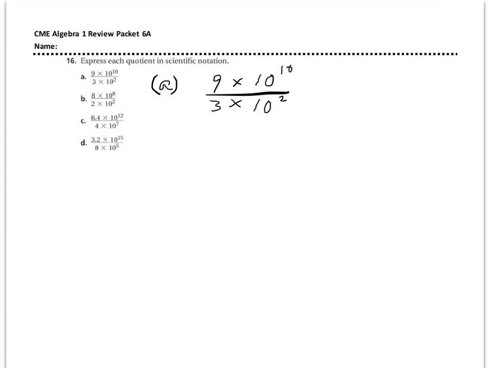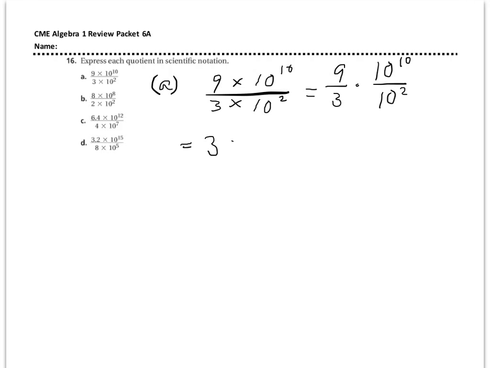So first of all, we can kind of break that fraction into 2 parts, like this. It's the same thing. So now everybody can do 9 divided by 3. So that's 3. And then this part, we have 10 copies of 10. Picture that. You have 10 copies of 10, and you have 2 copies of 10.